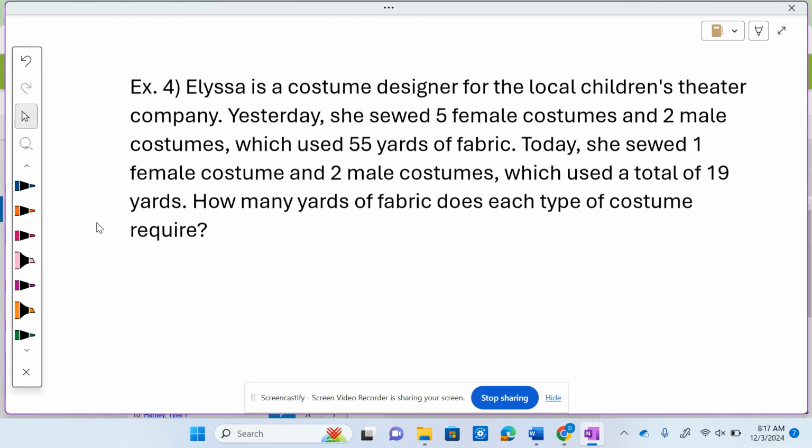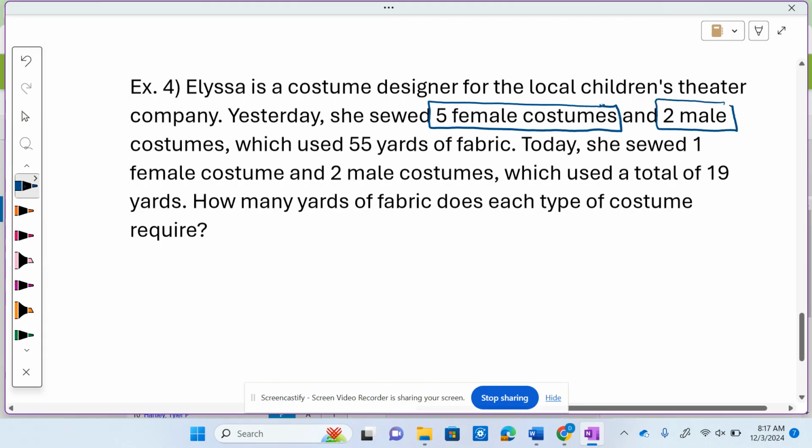So we first of all have to define our variables. So here's what I'm going to do. I know that I sewed 5 female costumes and 2 male costumes for a total of 55 yards. Total of means equals, right?